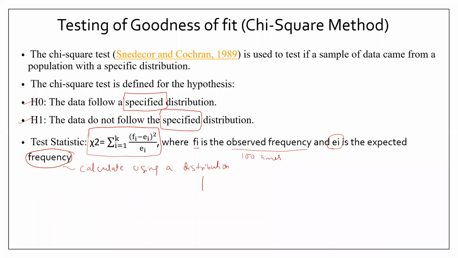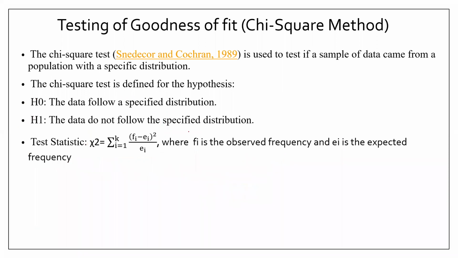This distribution can be binomial, as I just told you, or Poisson, or uniform, or whatever it may be. The majority of the time we will only work with binomial and Poisson distributions, but you can work this out for any kind of distribution we have seen in previous chapters. I hope this is clear to you now.